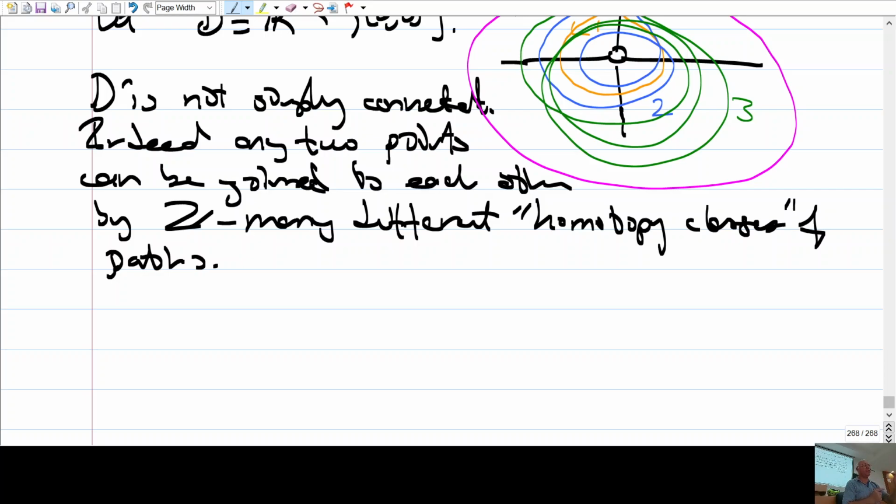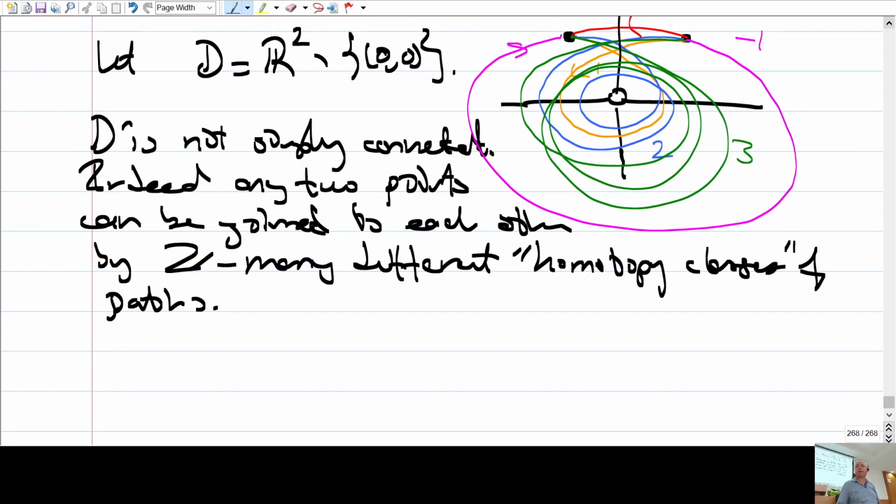If any 2 points can be joined to each other essentially in a unique way, meaning that any 2 paths joining these 2 points can be deformed to each other, then we say that region is simply connected. And if there are more than one essential ways like this one, then it is not simply connected.